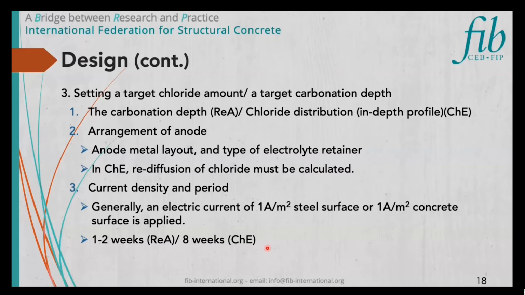Generally, an electric current of 1 ampere per square meter of steel surface or 1 ampere per square meter of concrete surface is applied. They are applied for 1 to 2 weeks in the case of realkalisation and 8 weeks for chloride extraction.